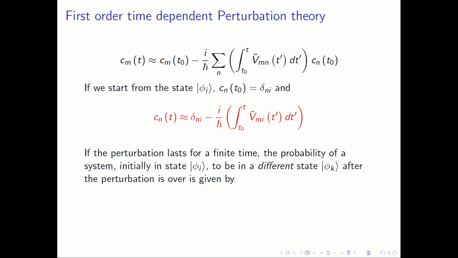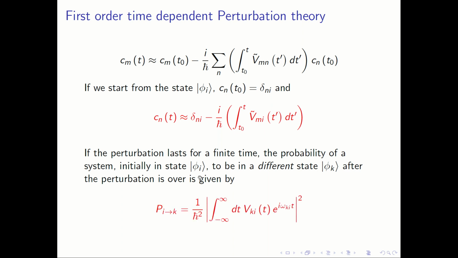Remember, before the perturbation came in, the Hamiltonian for the system was H0, and after the perturbation went away, the Hamiltonian is H0 again. So we are looking for an eigenstate of the system in the distant past evolving into another eigenstate of the same system in the distant future.